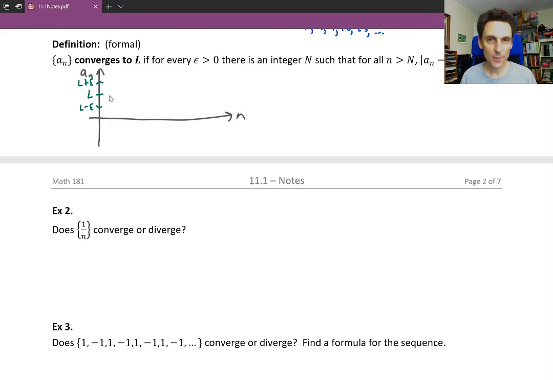So epsilon represents this small distance from L, so that you end up with this little interval around L, a little tube as we extend it out to the right.